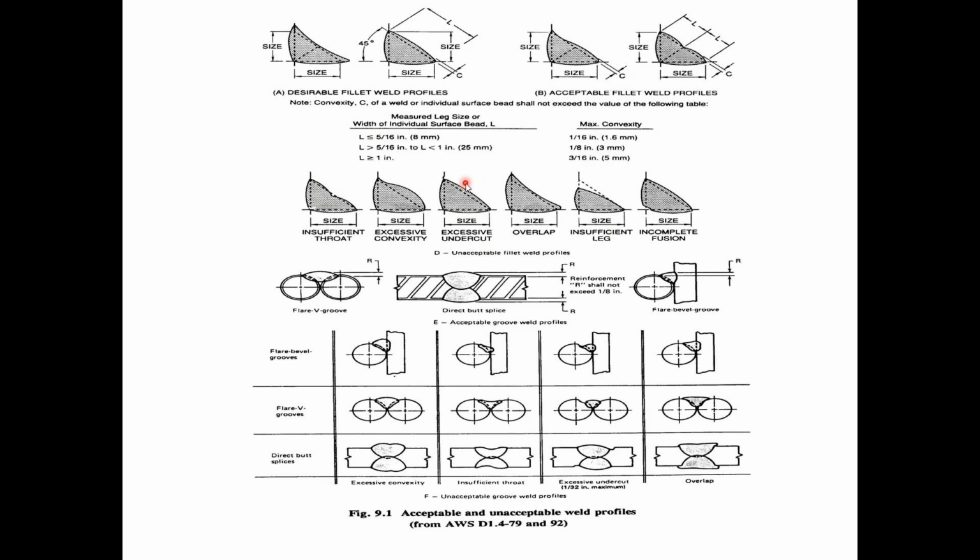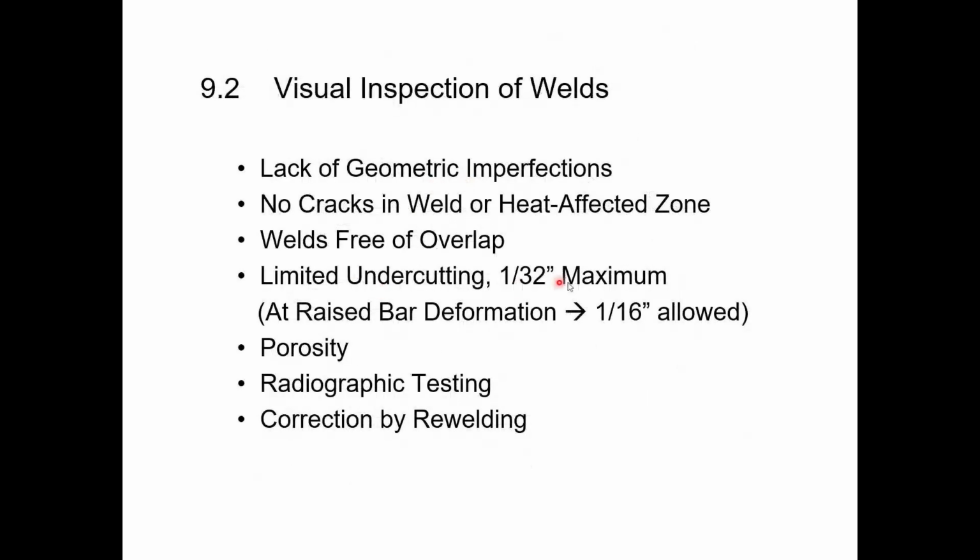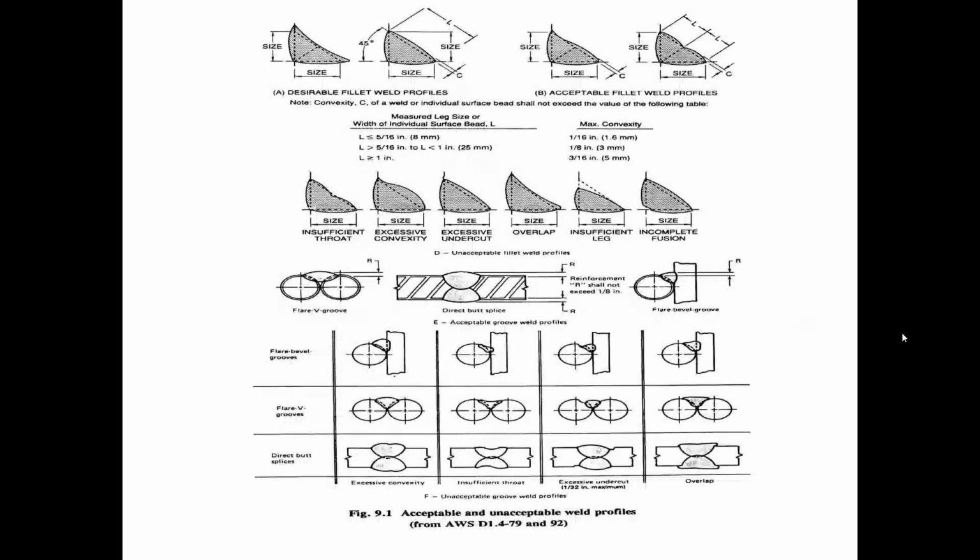And I'll remind you that undercutting is limited to 1/32 of an inch, or if it's at a raised bar deformation, that dimension can go up to as much as 1/16 of an inch.